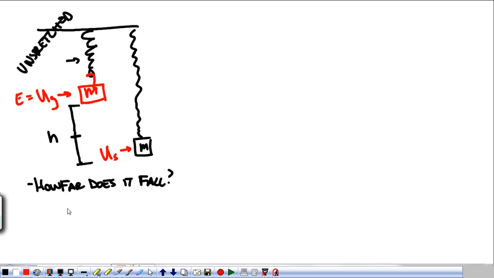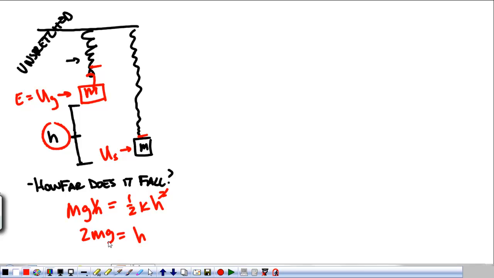So gravitational potential is mgh, and that's going to be equal to the spring potential, 1/2 k times the distance that we stretch the spring squared. Well, in this case, my spring goes from being this long to this long. That's a difference of h, so it's 1/2 kh squared. So one of my h's cancels out, and if we solve for h, it's 2mg over k. That's going to be the bottom of this point.